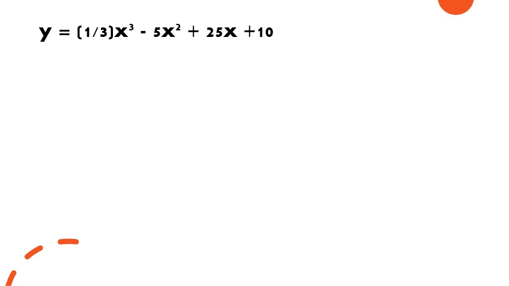Okay, now we go to the second example. This is an example of how you will meet an inflection point in a function. So, now we go again to the stationary point.